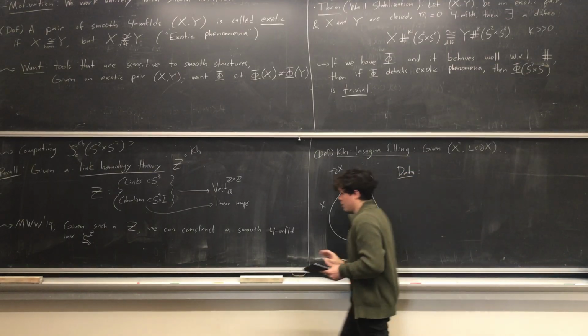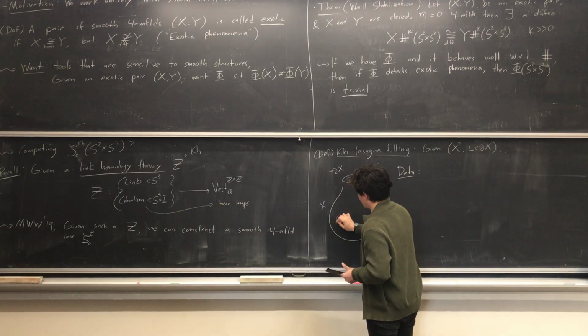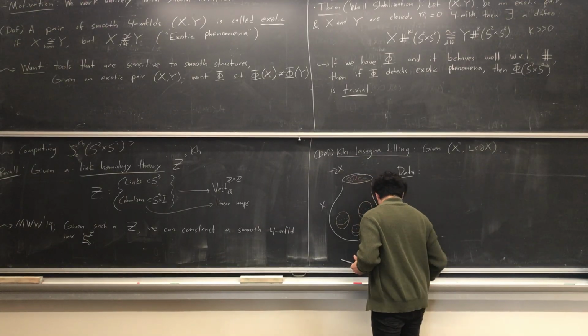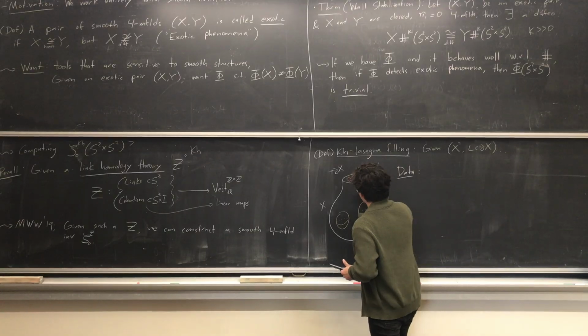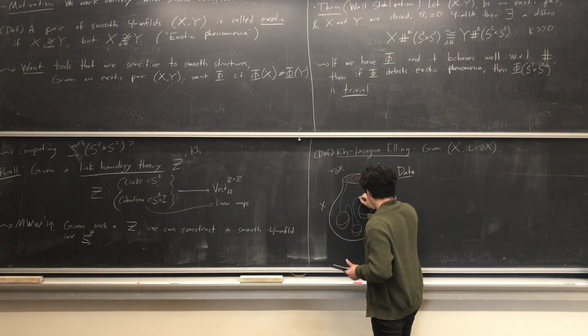You have some finite collection of embedded disjoint four balls in the interior of X. You have a properly embedded framed surface. Let's just draw one.